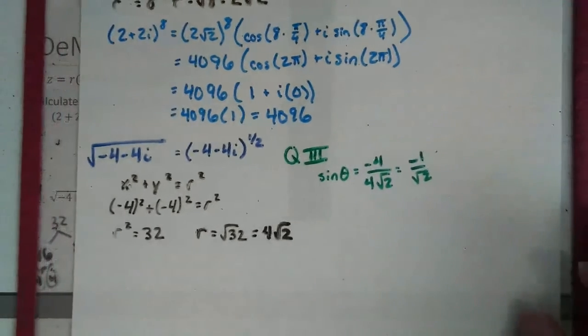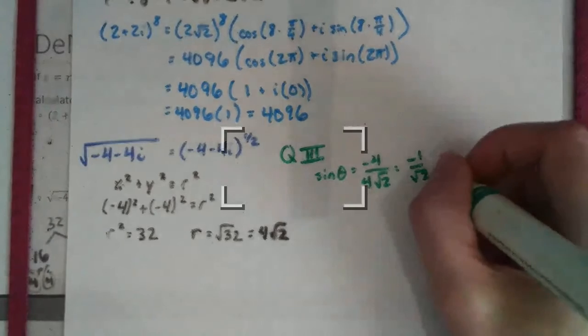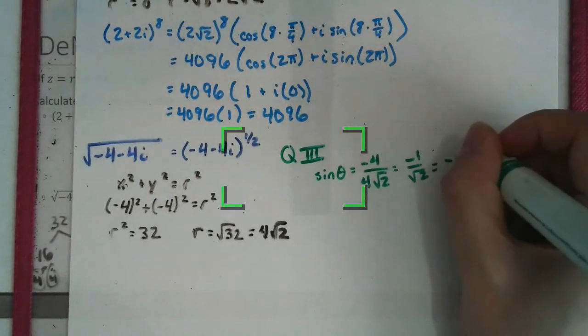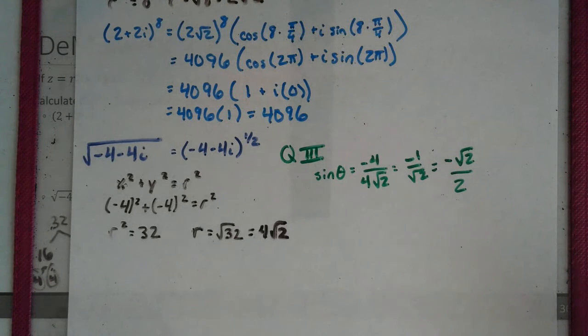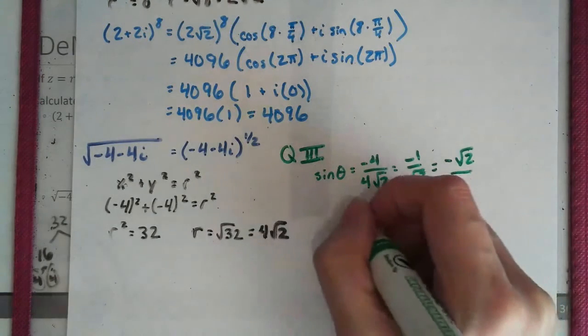You're probably sick of me showing you that 1 over the square root of 2 is equal to the square root of 2 over 2. This time we just have a negative out front. So the sine of theta is equal to negative square root of 2 over 2. That actually does fall on our unit circle. The place in quadrant 3 that has a sine value of negative square root of 2 over 2 is 5 pi over 4.